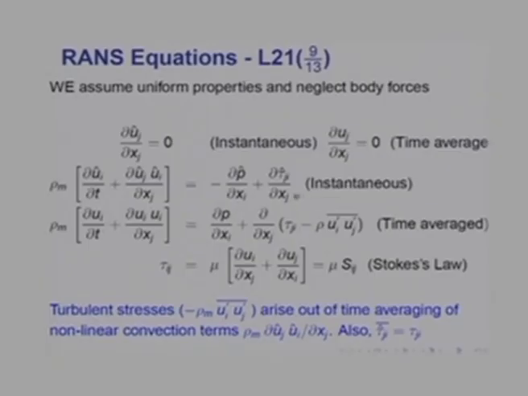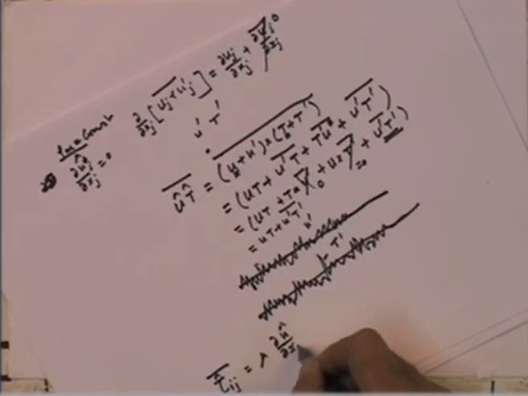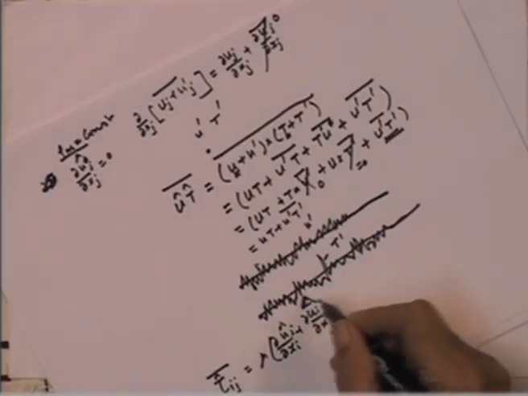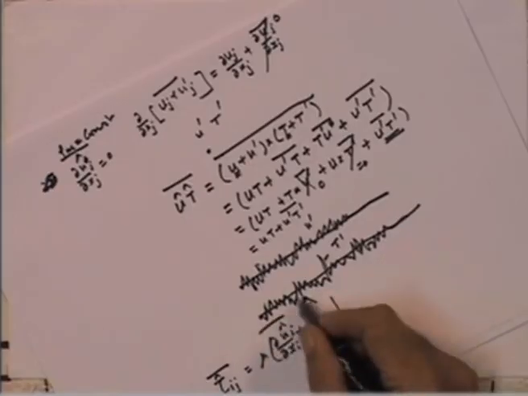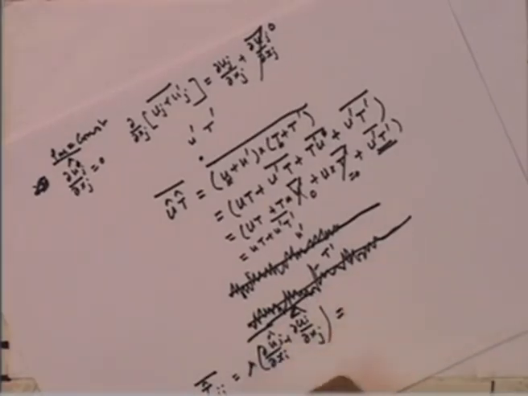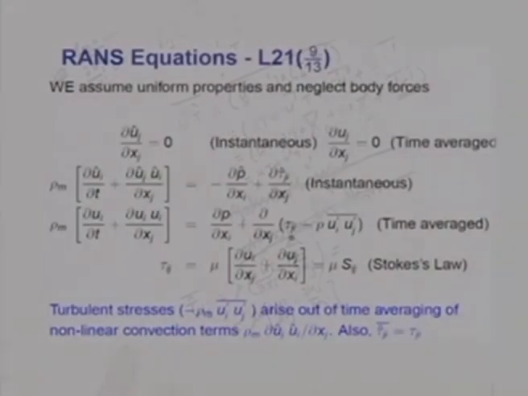Remember, tau i j would be mu times d u j by d x i plus d u i by d x j, and the time averaging of this would simply result in mu into d u i by d x j plus d u j by d x i, because no product is involved in this definition.